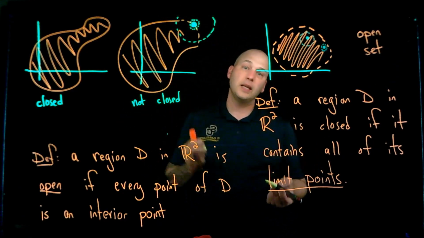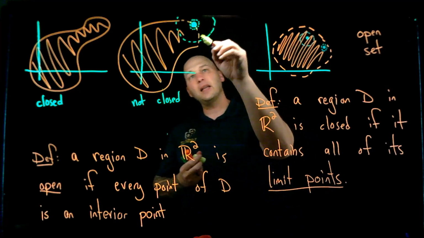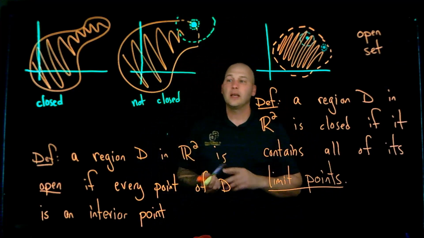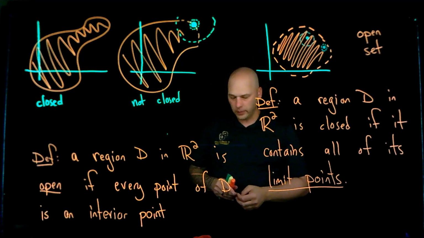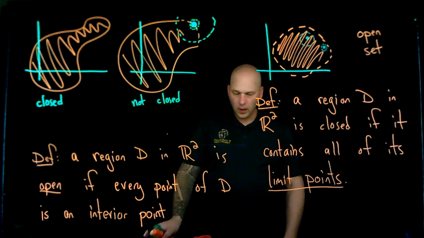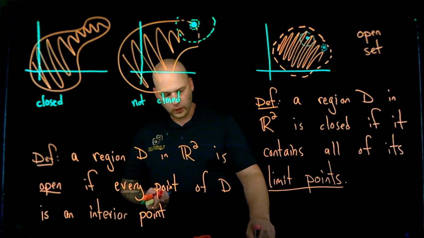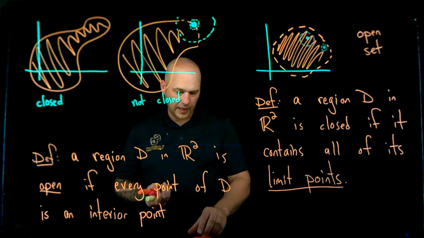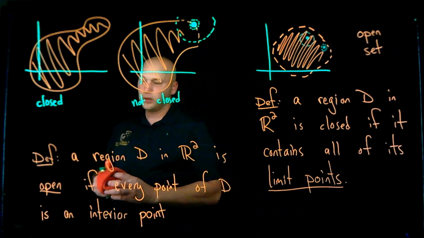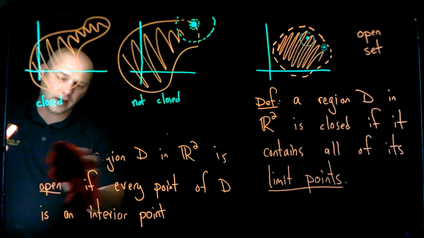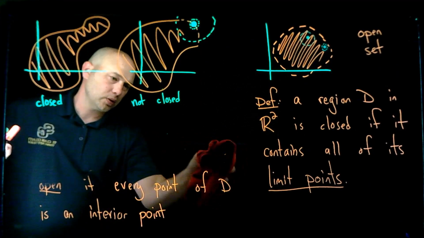So therefore it is in fact a limit point, but it's not in the set, so therefore it is not closed. Okay. So now let me take a specific example of a region in the context of finding the domain of a function, and we'll see if we can classify it as open or closed.